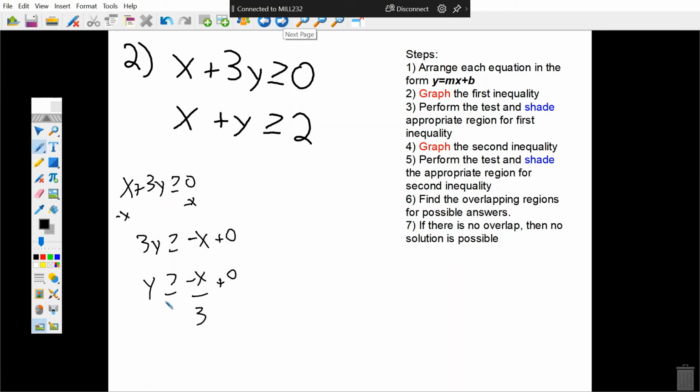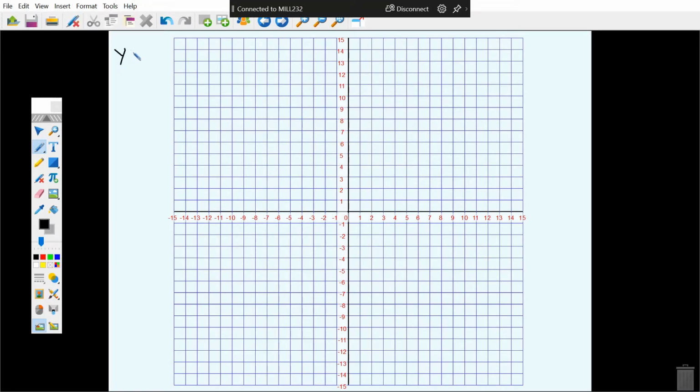Now I can graph that. My y-intercept is 0. My slope is negative 1 over 3. So I've got y is greater than or equal to negative x over 3 plus 0.